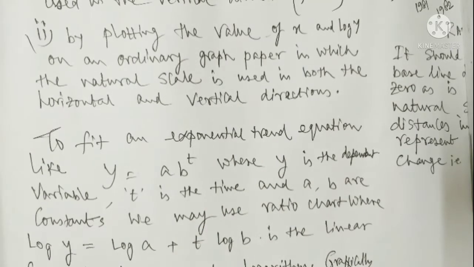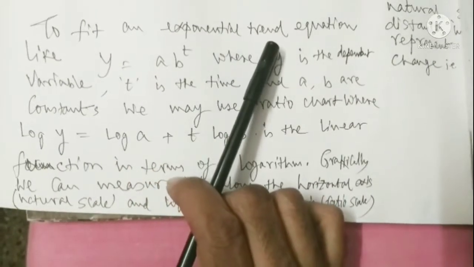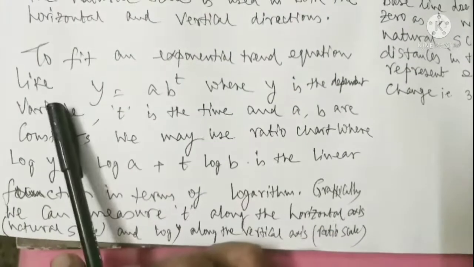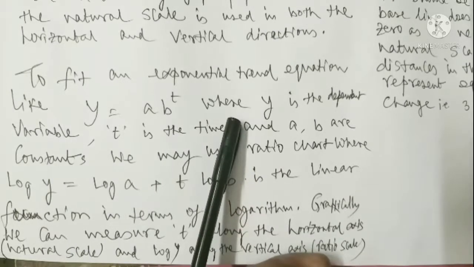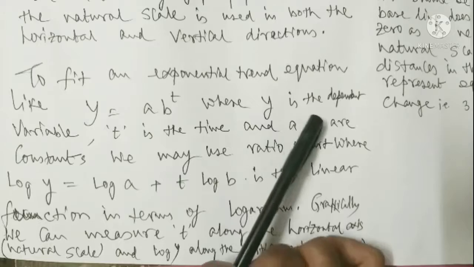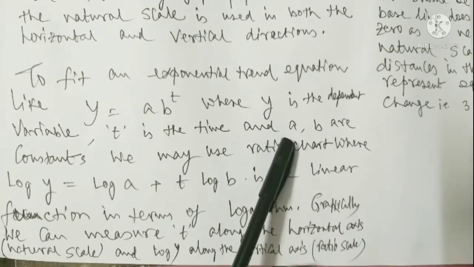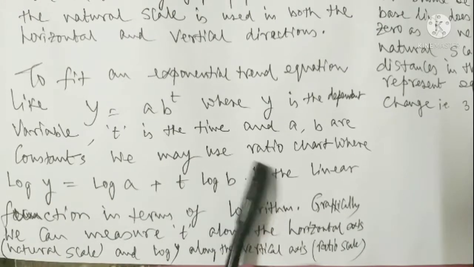To fit an exponential trend, an equation like y equal to a b to the power t, where y is dependent, t is time, and a, b are constants, we may use a ratio chart.